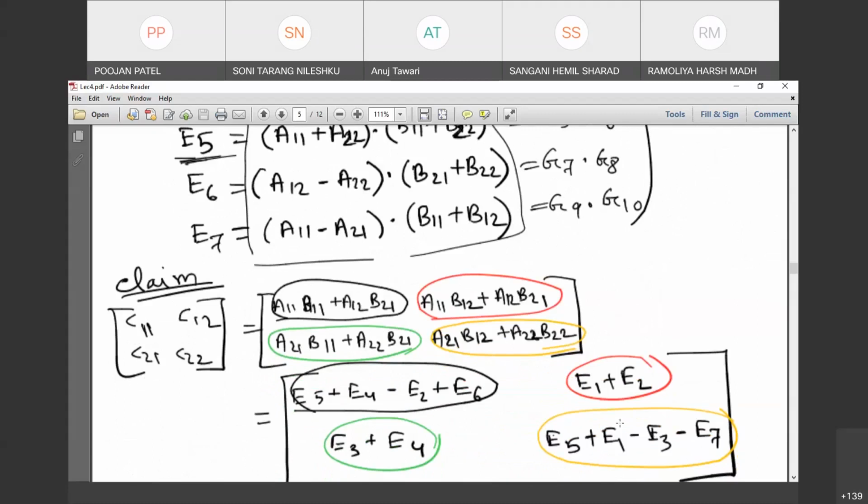Let's verify these computations, E5 plus E1 minus E2 minus E3.